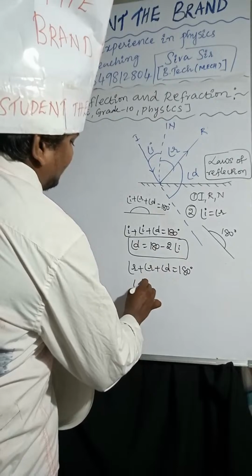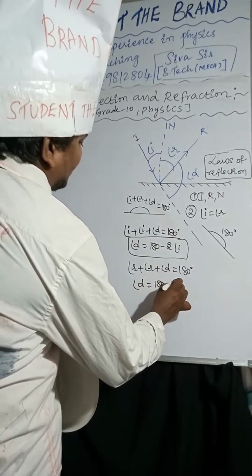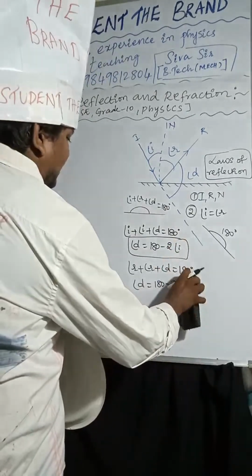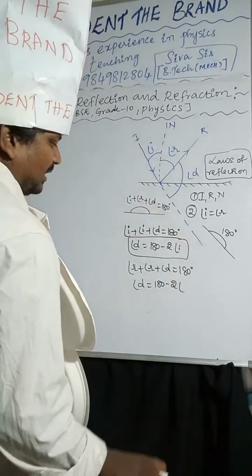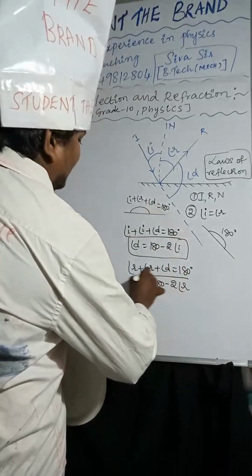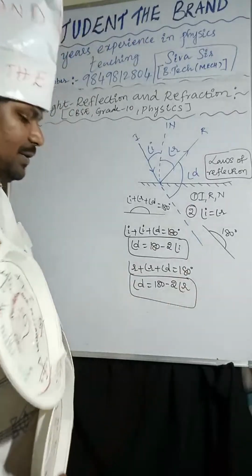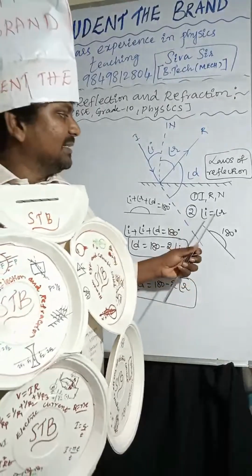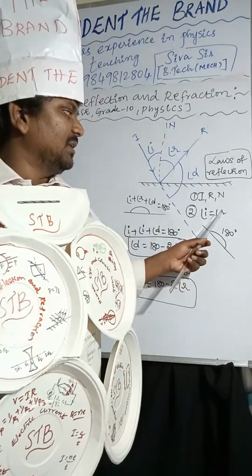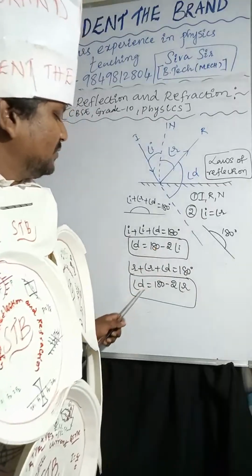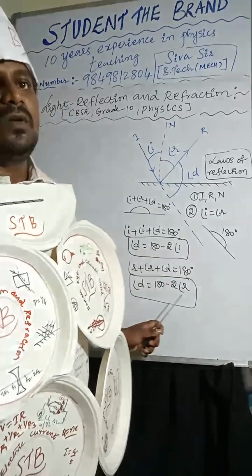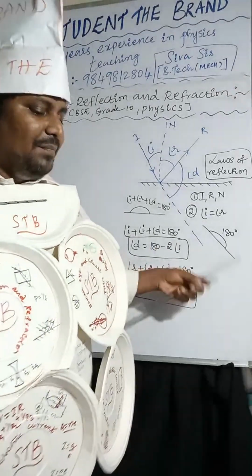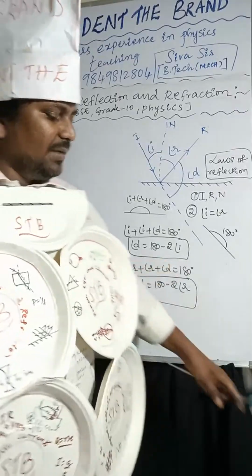So the angle of deviation equals 180 minus 2 angle of reflection. We can observe the same thing here.